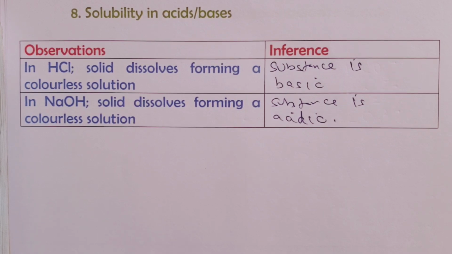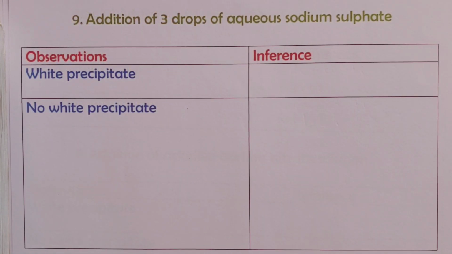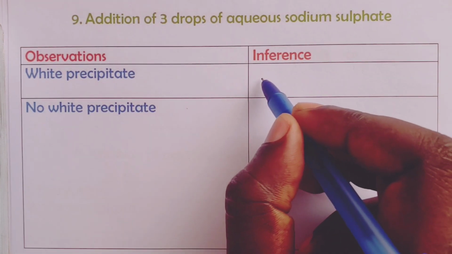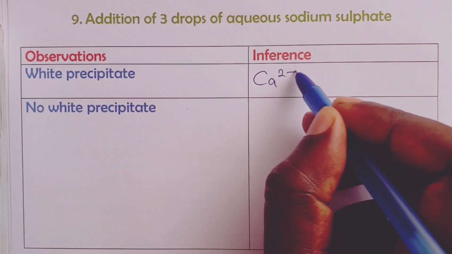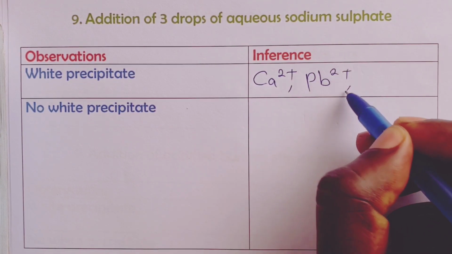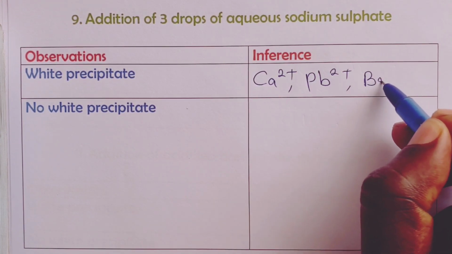Let's proceed to addition of sodium sulfate, which would introduce the sulfate ion into your solution. Observing a white precipitate here would mean calcium ions, lead ions, or barium ions are present.